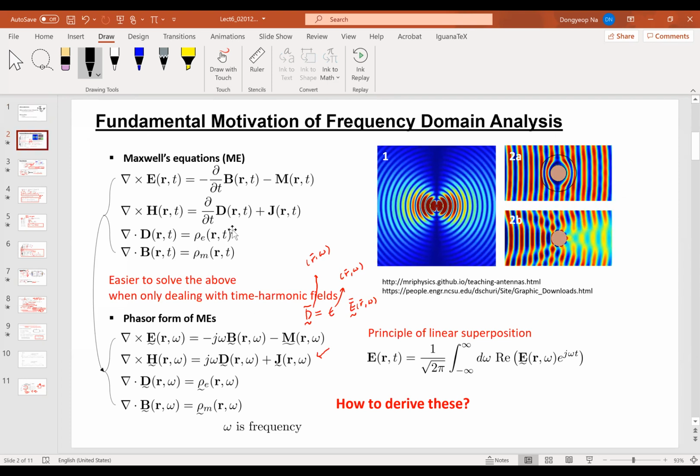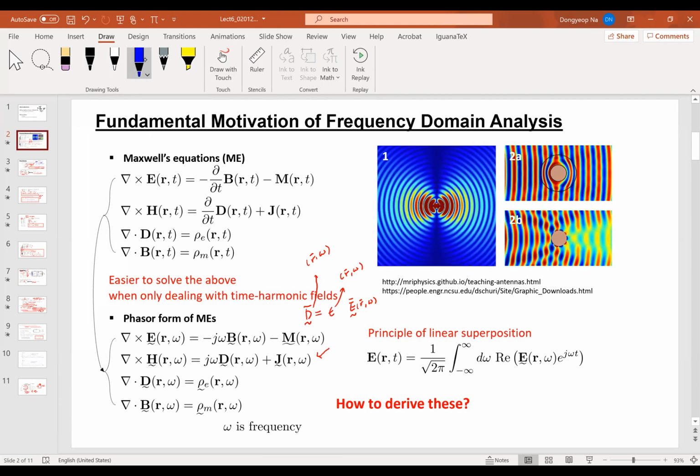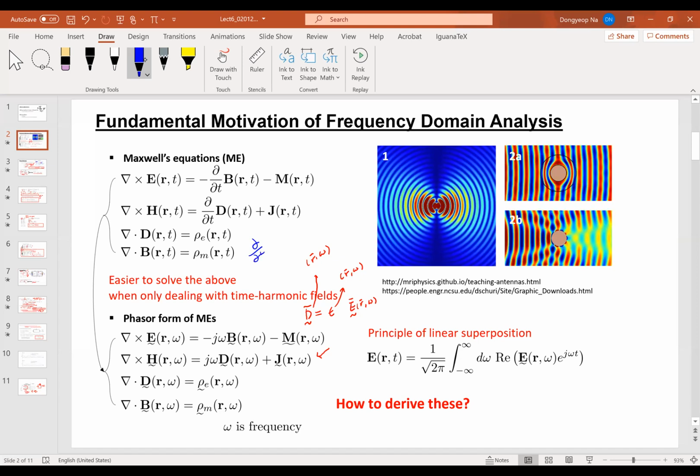The essence is that we are replacing this time derivative term by this j omega term. We assume that this partial t was replaced by j omega.